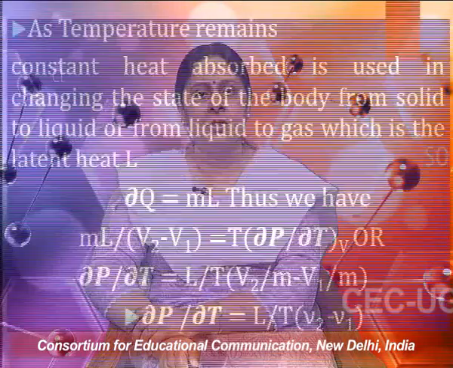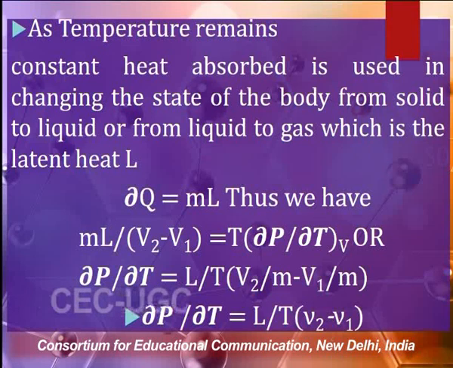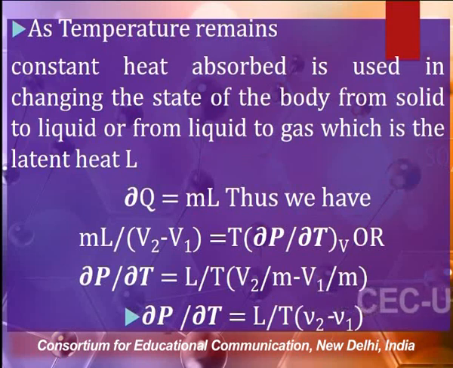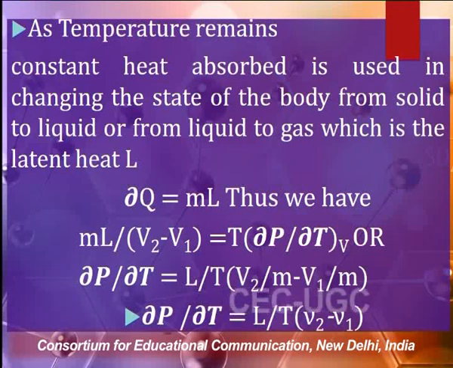Now because the temperature remains a constant, the heat absorbed is used in changing the state of the body from the solid to liquid or from liquid to gas, which is defined as the latent heat and denoted by symbol capital L. So we have delta Q is equal to mL. Thus we have mL divided by V2 minus V1 is equal to T times delta P by delta T at constant volume.